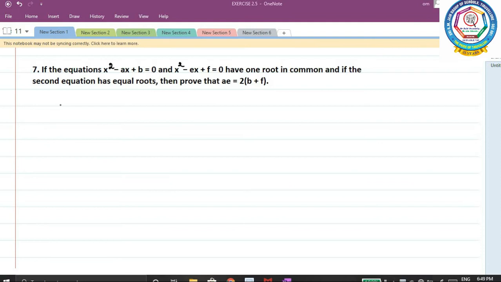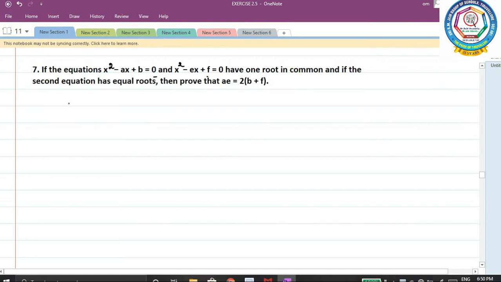Sum number 7. If the equations x squared minus ax plus b equal to 0 and x squared minus ex plus f equal to 0 have one root common, and if the second equation has equal roots, then prove that a is equal to 2 into b plus f.